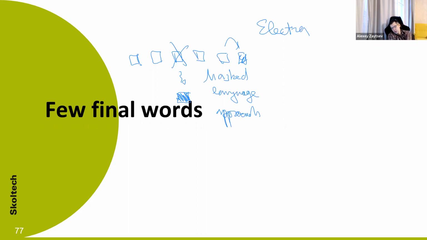Also, there is another interesting approach that somehow connects self-supervision and adversarial attacks on tokens and sequences, on objects in general. In this case, it's called ELECTRA. And the idea is the following. We have this initial sequence here, and we replace one token with some other token. And we don't tell the model about it. Because some token is replaced, please find out which token is the most probable to have been replaced.